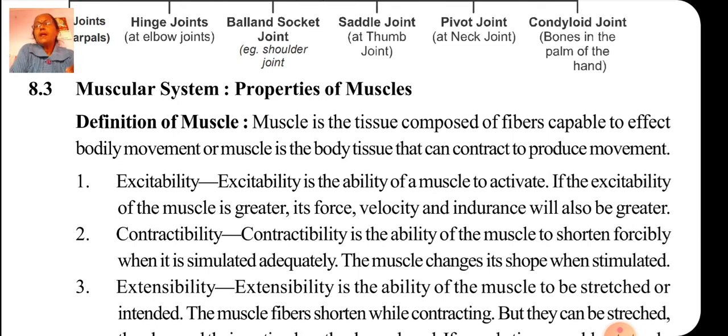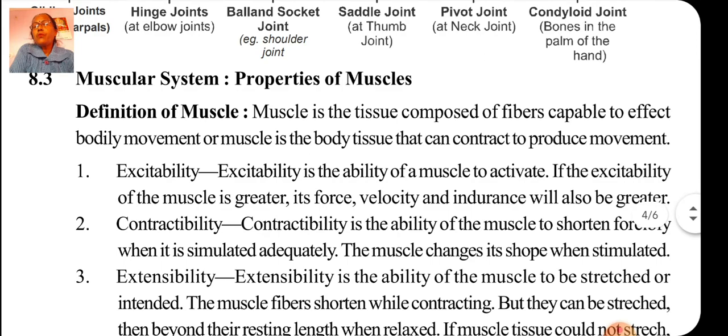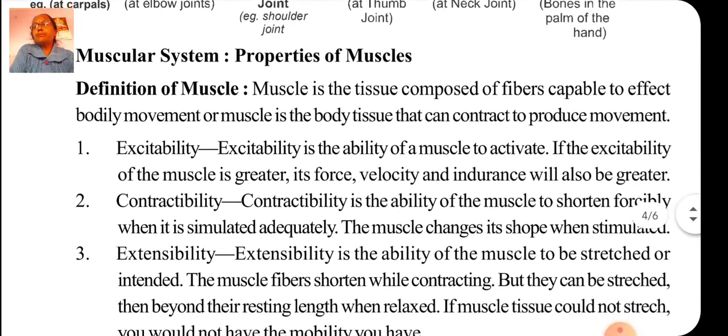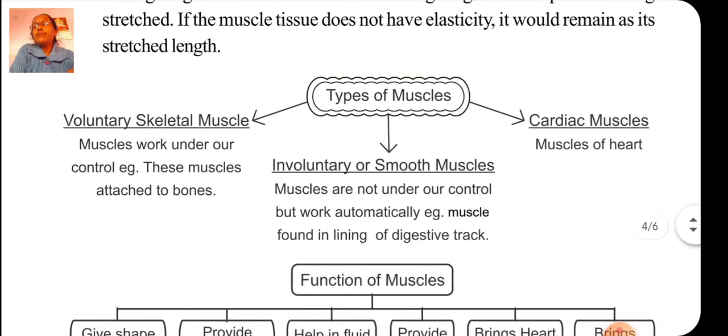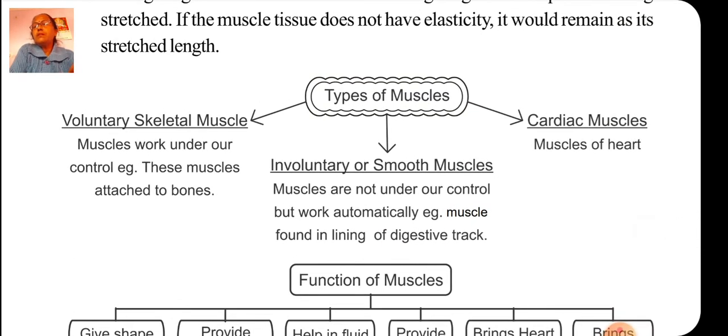Muscular system. Now, the properties of the muscular system. Definition of muscle: a muscle is a tissue composed of fibers capable of affecting bodily movement, or muscles are the body tissues that can contract to produce movements. Now, types of muscles, like voluntary skeletal muscle, involuntary smooth muscle and cardiac muscle.